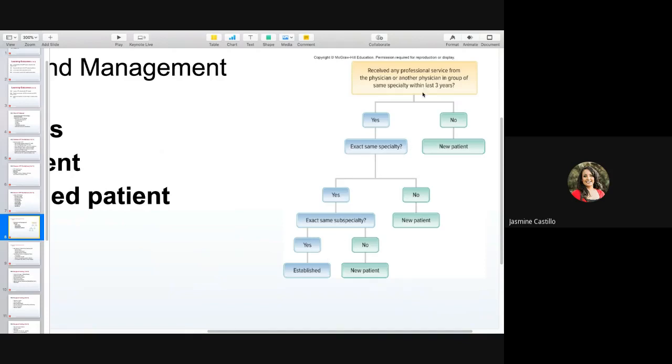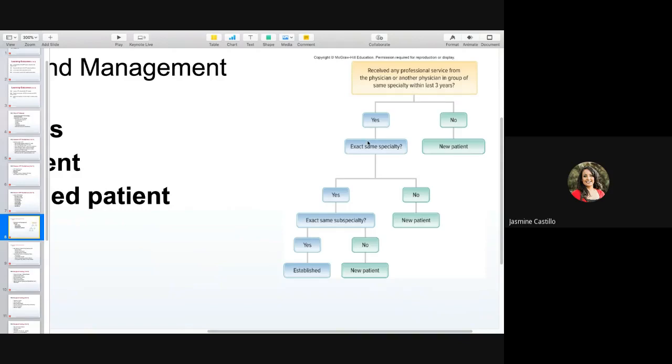If they have never been seen before, or it's been more than 3 years, then they're considered a new patient. So the question is, has this patient received any professional services from the physician or another physician in the group of the same specialty within 3 years?